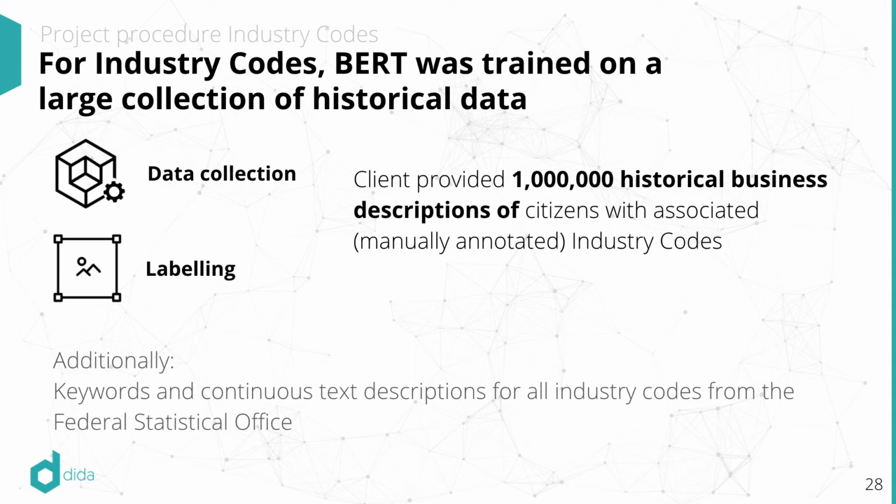In addition to that, we also downloaded the keywords and continuous text descriptions for all industry codes which are provided by the Federal Statistical Office of Germany, and we used these keywords and continuous text descriptions as additional inputs to calculate our industry code embeddings. We can then train our algorithm on this 1 million or a subset of these 1 million historical business descriptions and their corresponding industry codes.